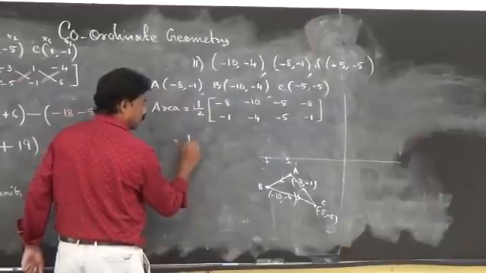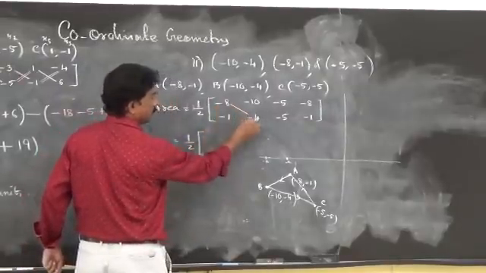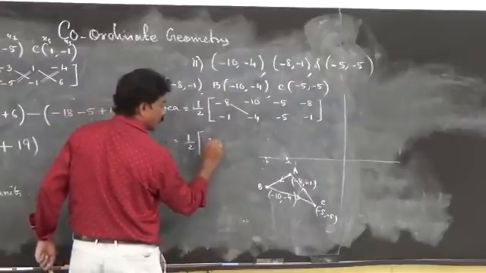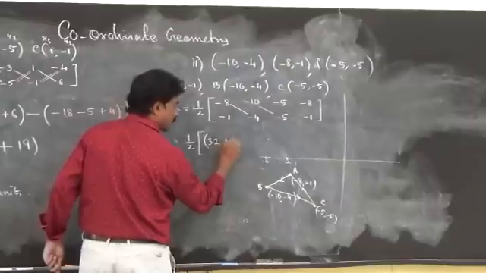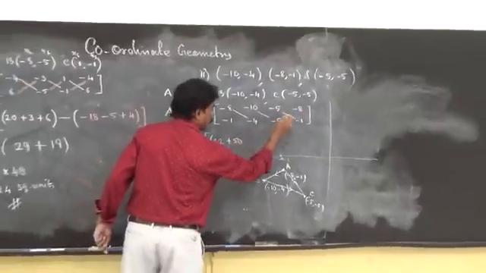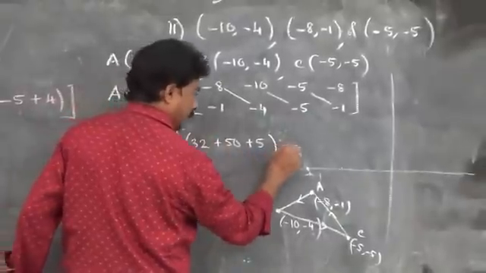So when you calculate, as I already said, first in this direction: minus 8 into minus 4 is plus 32. Minus 5 into minus 5 is plus 25. Minus 5 into minus 1 is plus 5.